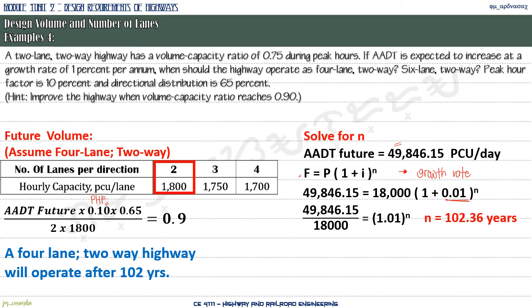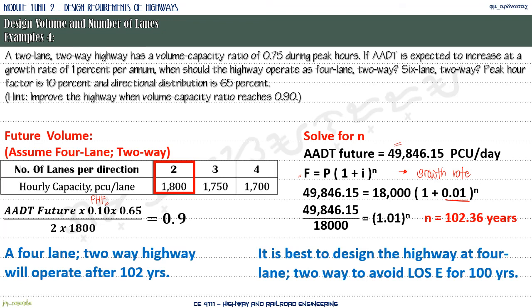So meaning, a 4-lane two-way highway will operate for 102 years, or after 102 years. In that case, it is best to design the highway at 4-lane two-way already in order to avoid a LOS E within 100 years.